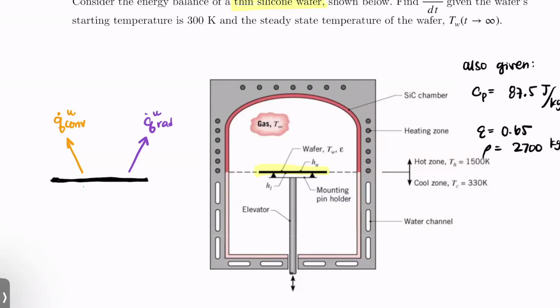And then we're also going to have Q dot convection for the lower side and Q dot radiation for the lower side as well. We're also going to have to take into account the storage, Q dot storage, because we want to find dT_W dt, right? So we know we have to take into account storage.